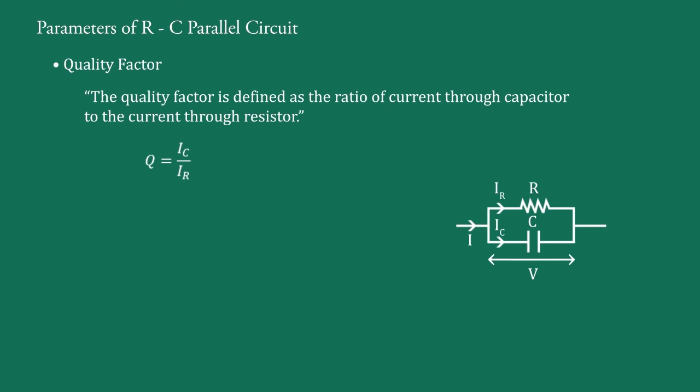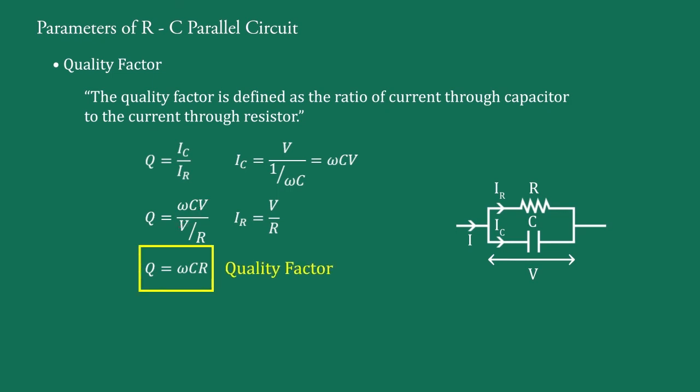Since impedance of capacitor is 1 upon omega C and voltage across capacitor is V, therefore IC equal to V upon 1 upon omega C, and that is equal to omega C V. And voltage across resistor R is V, and therefore IR equal to V upon R. Substituting these values in this equation, we get Q equal to omega C V upon V by R. This V cancels, and therefore Q equal to omega C R. This is the quality factor for parallel RC circuit.